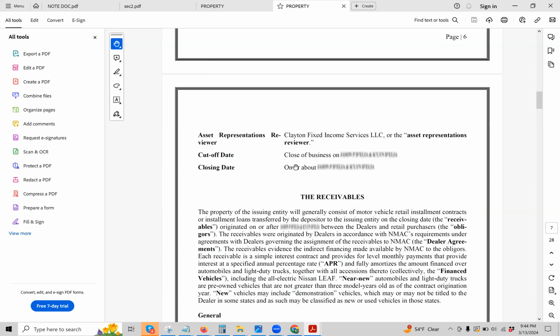That's roughly what the cutoff and closing date means. So just keep in mind there are rules to securitization. There are SEC guidelines. Even a large securitization trust securitizing mortgage notes, that is monetizing, still has rules and regulations.